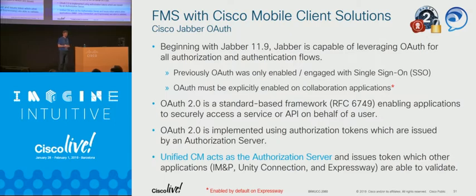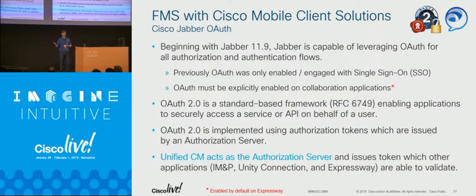And the way that this is implemented by Cisco, and most places, is the use of authorization tokens. So we'll talk about OAuth tokens. You'll hear me mention them a number of times as we go through here. These OAuth tokens are provided from an authorization server, and in the case of Cisco OAuth, that authorization server is Communication Manager. Communication Manager is going to be the central place for that authorization, and is going to provide those tokens.